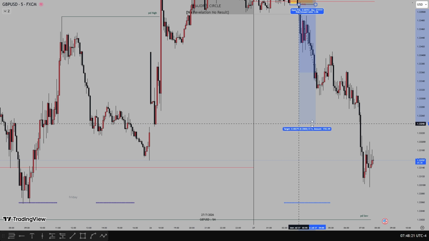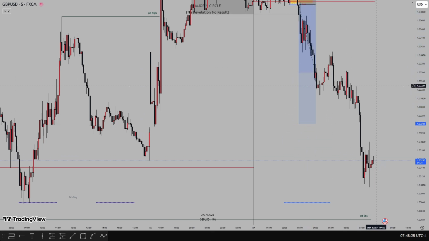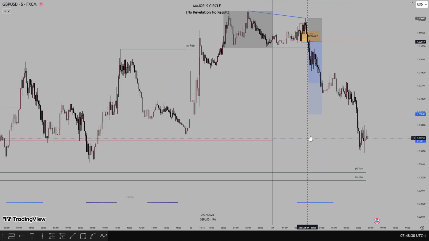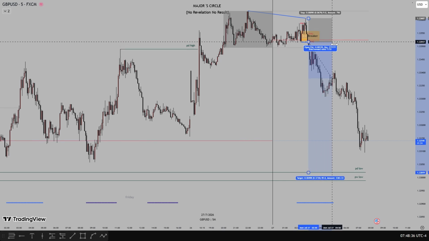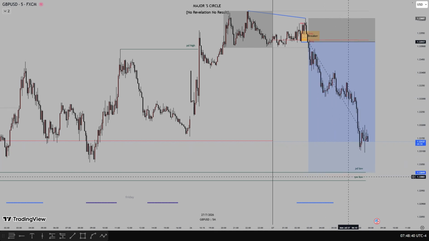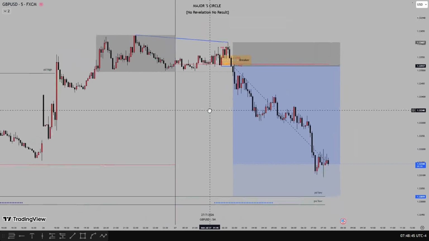A 1 to 3 RR would be somewhere here, that is 27.5 pips. But we know that the most beautiful draw would be the previous day low. So at 1 to 3 RR, you take out some partials, then leave the rest of the position to run towards the previous day's daily low for full TP.